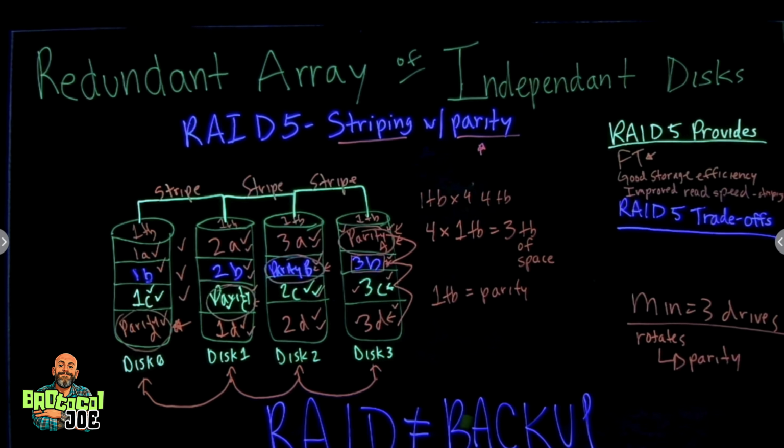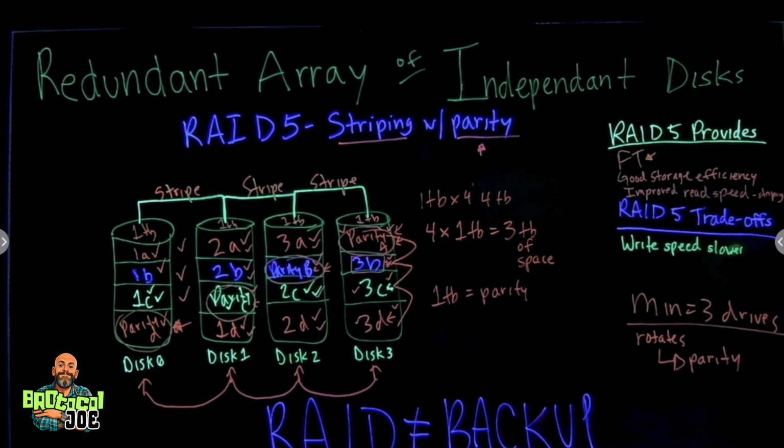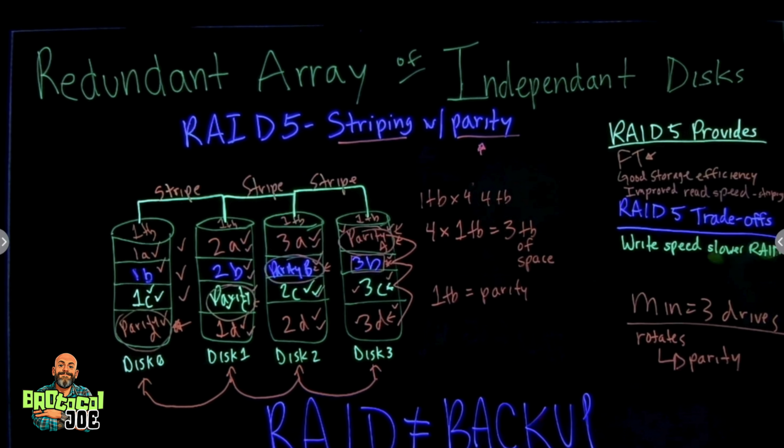But notice underneath it, there is a trade-off. The write speed is slower than RAID 0 because all RAID 0 had was striping. But parity has to be calculated each time data is written.